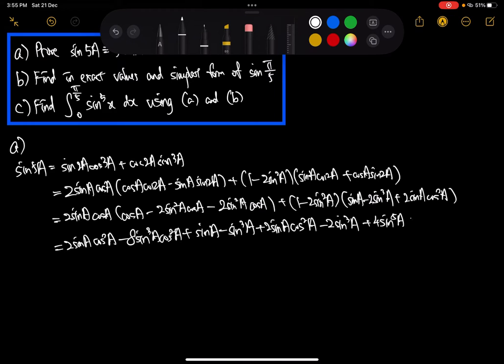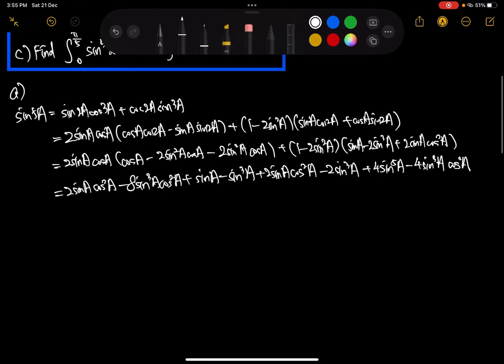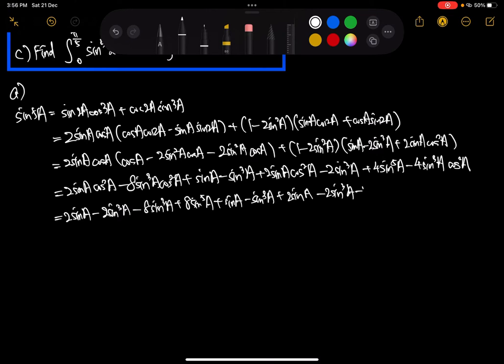That's a 4. And then 4 sine cubed a cosine squared a. And these are straightforward. So 2 sine a minus 2 sine cubed a minus 8 sine cubed a plus 8 sine to the power 5 a plus this minus this plus this, minus this minus this plus this, minus this, plus this.